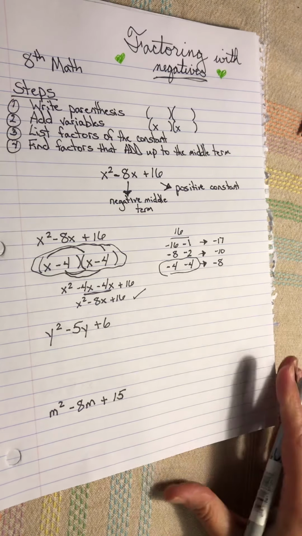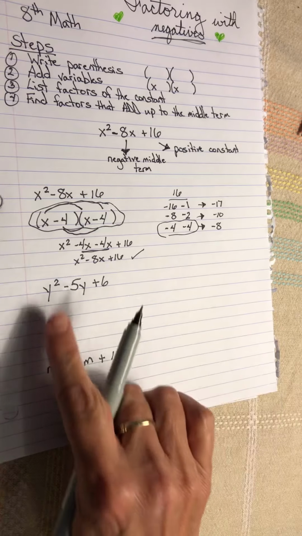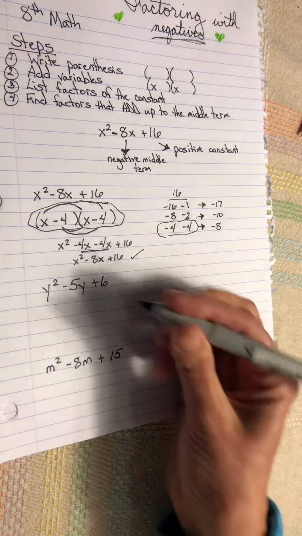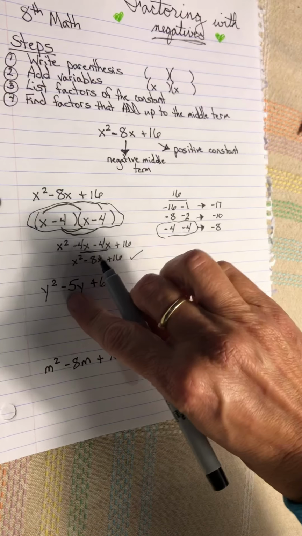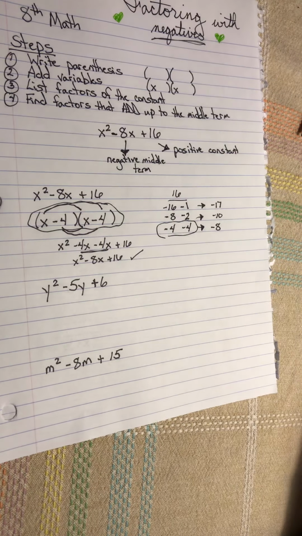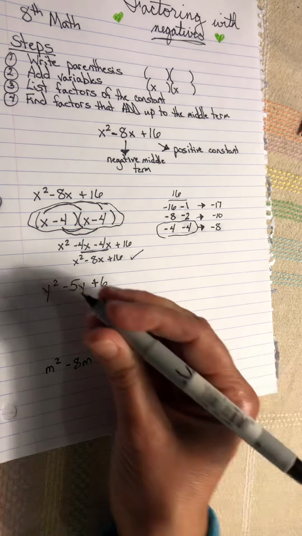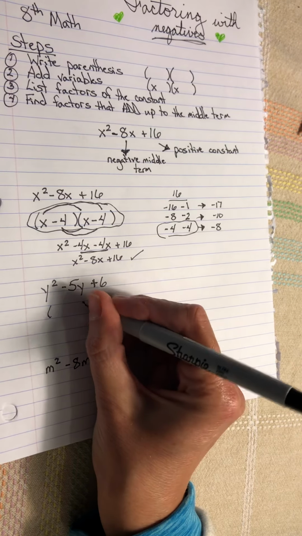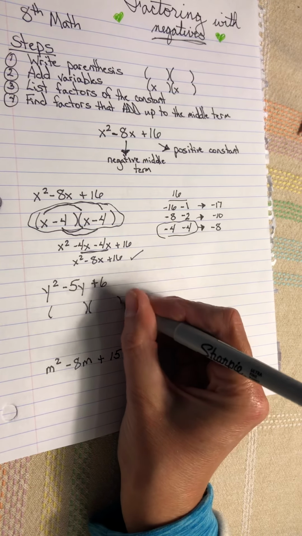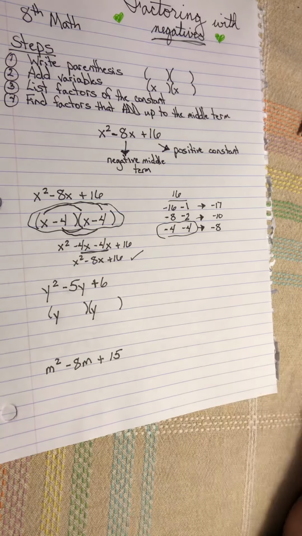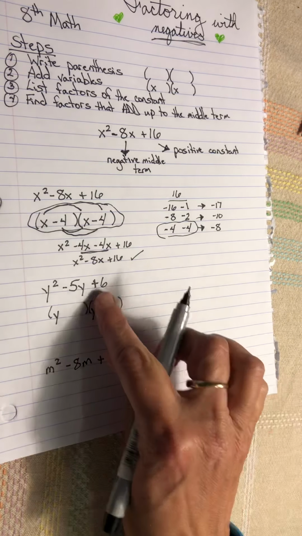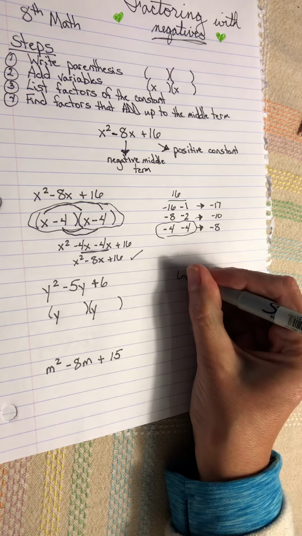Let's do this next one. Same pattern. We've got a positive constant, but a negative in the middle. So that tells me I'm going to be multiplying two negative numbers. So parentheses first. Put my variables in. Y times y is y squared. My constant is 6.